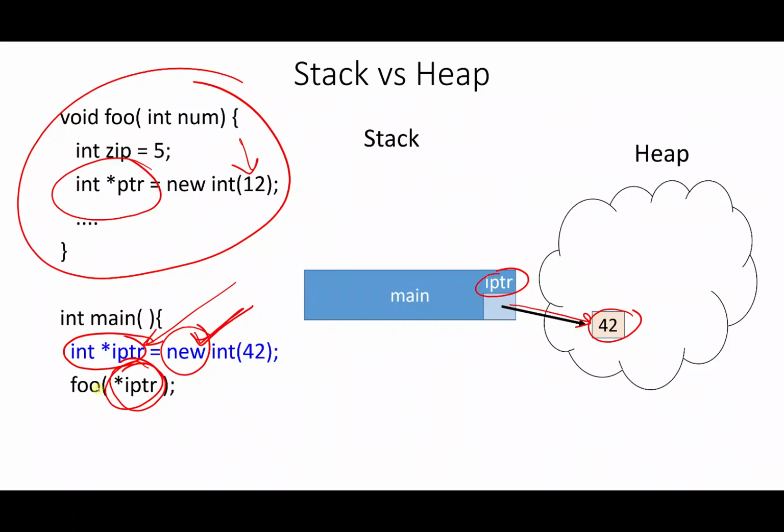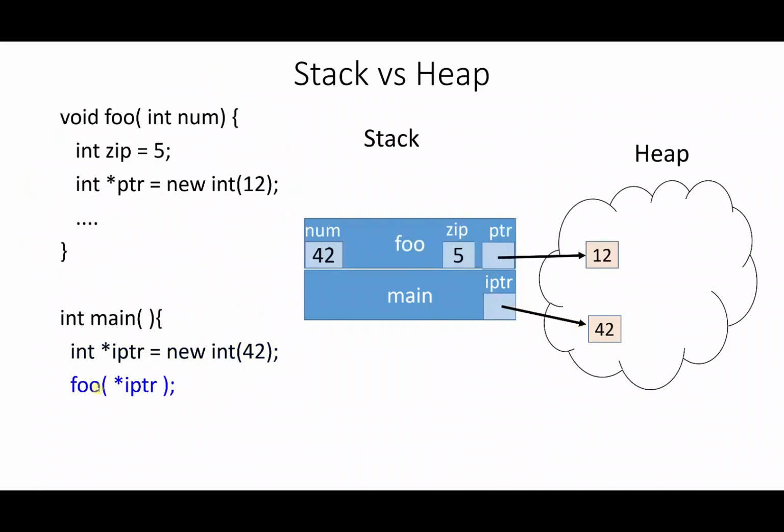So num now is holding 42, the value. So basically num is not pointing at 42. No, it stores 42. It's like I give you a replica of my $42, right? So I have $42. I store it in the bank, in the heap.